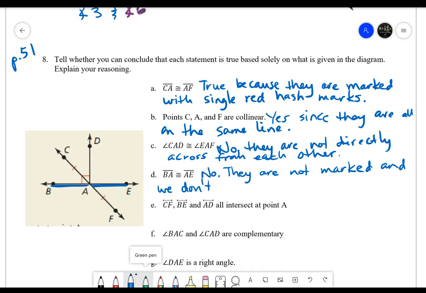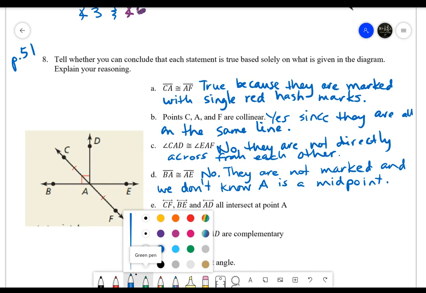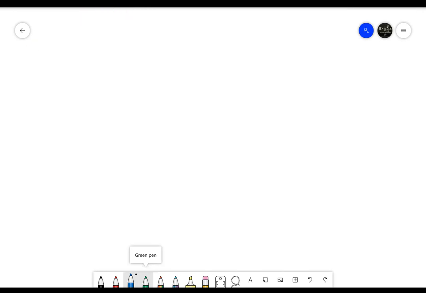Also, I want you to write down, we don't know A is a midpoint. If you knew it was a midpoint, even if they weren't marked, that would be enough. Okay, but it's not.